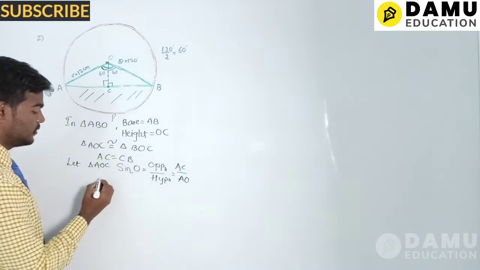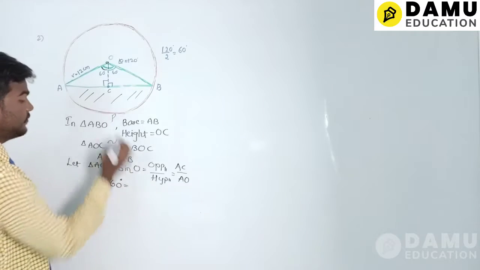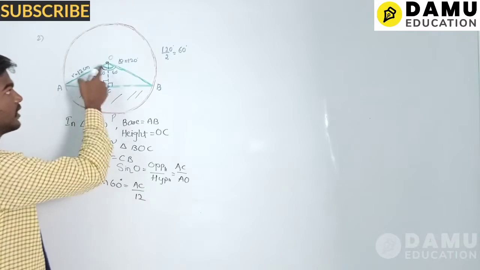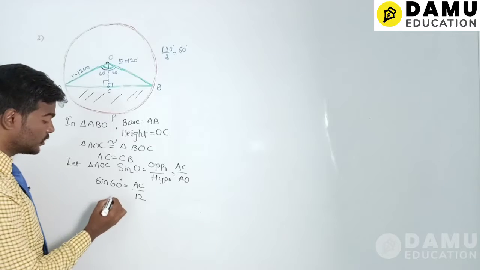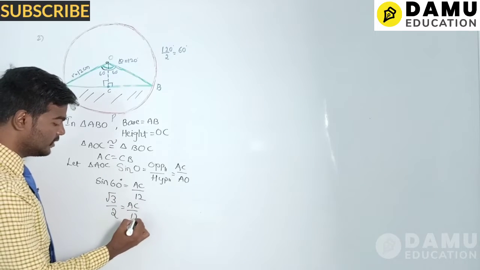So sine O means sine 60 degrees will be equal to AC by AO. AC we don't know, keep it as it is. AO we know is 12, the radius. Sine 60 is root 3 by 2. So root 3 by 2 will be equal to AC by 12.